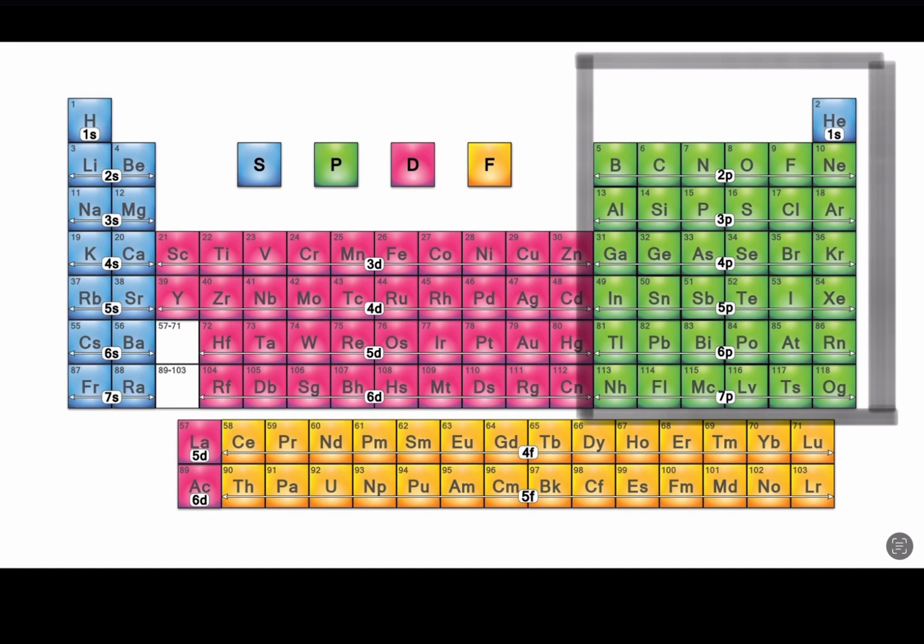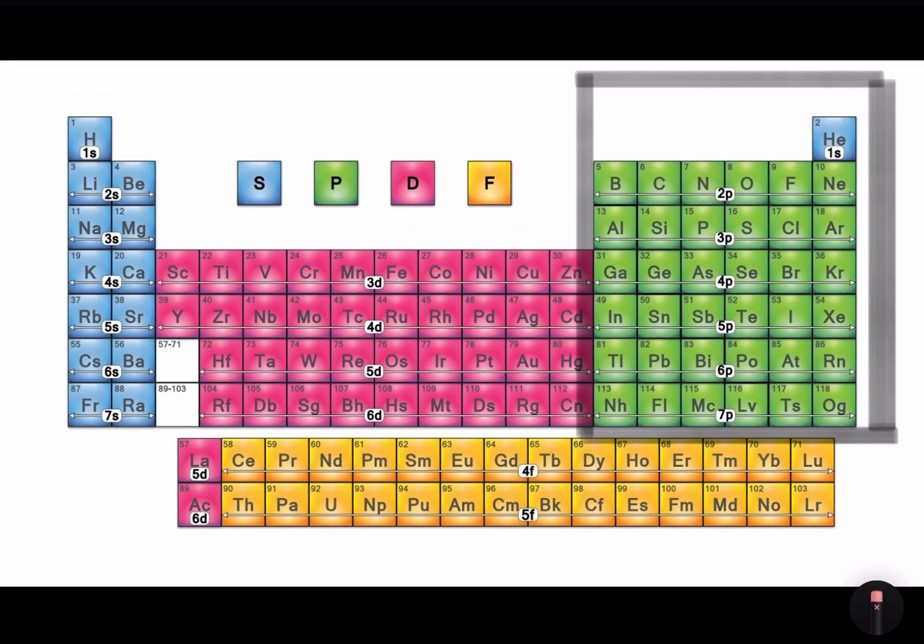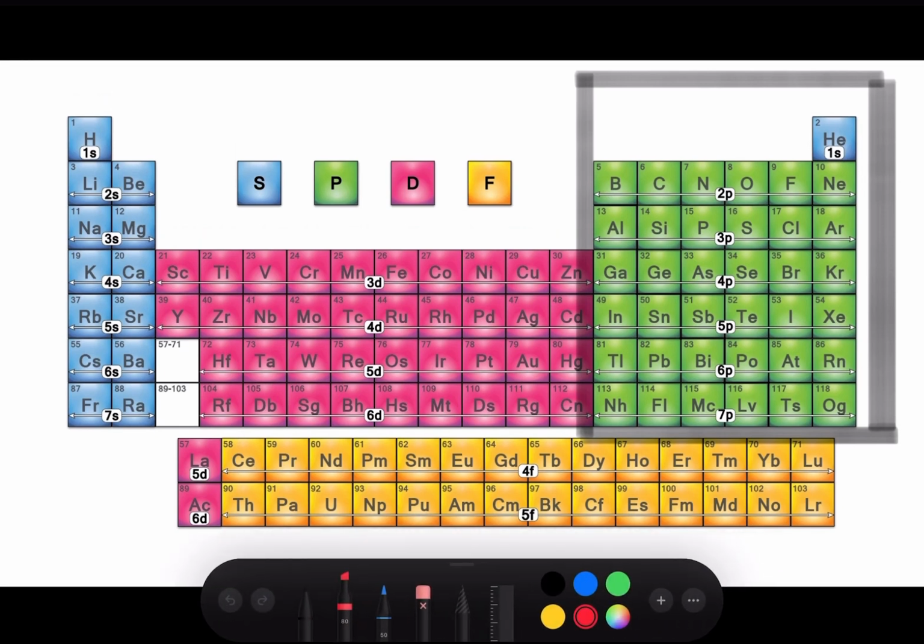When the last electron of any element enters the p subshell, then that element will belong to the p block of the periodic table. So group number 13 to group number 18 will belong to the p block. I'm writing group number 13, group number 14, group number 15, 16, 17 and finally 18.